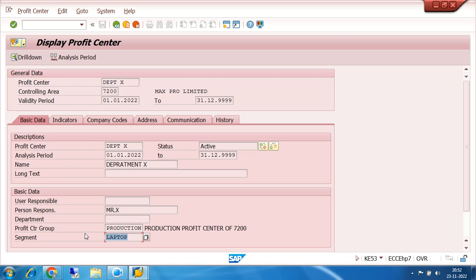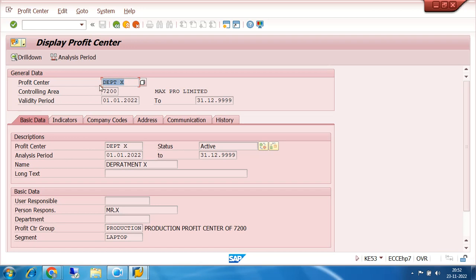So how will it be possible? It will be possible if each and every transaction in financial accounting hits a particular segment. So when we post any transaction in financial accounting, we should give an appropriate cost center or profit center. See, in case of expenses, you choose a cost center, right?